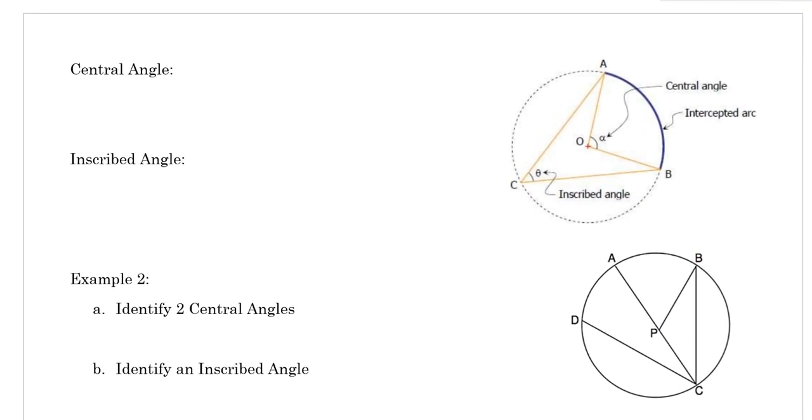The next thing we're looking at is a central angle. A central angle is an angle with endpoints on the circle, and vertex at the center.